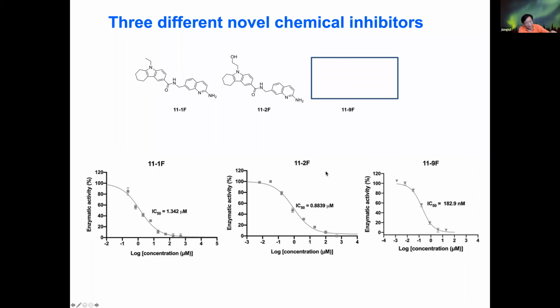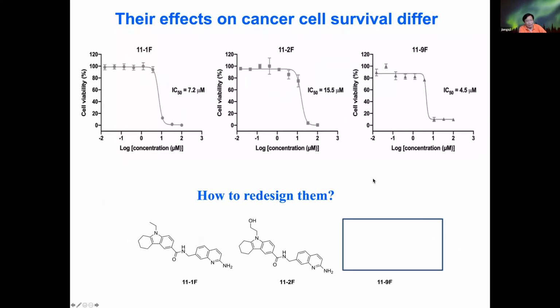Two of the compounds, 11-2F and 11-9F, were able to reach submicromolar affinity. However, in the cell-based assay, we found a bioavailability problem because all these compounds now have IC50 above micromolar.